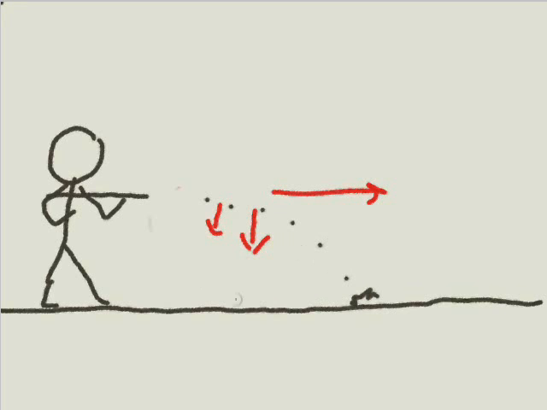Now, of course, the Earth is not perfectly flat, but the Earth is curved. So what happens if we actually fire our projectile fast enough that even though gravity is pulling on it, so the motion of the bullet is bending towards the center of the Earth, the Earth underneath is also curving away? So what happens in that condition?